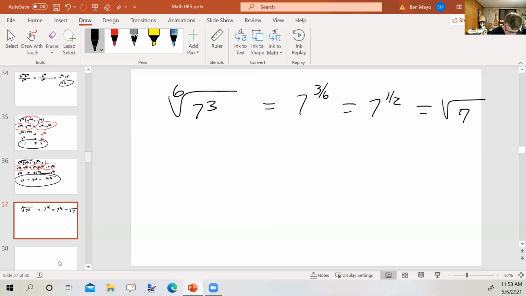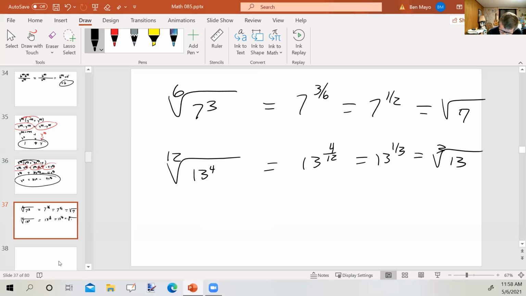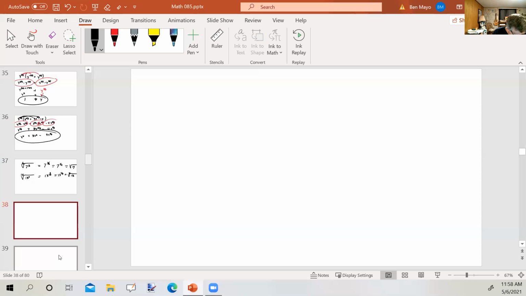And let's see here. The 12th root of 13 to the 4th power becomes 13 to the 4/12 power, which is 13 to the 1/3 power, which is the cube root of 13. Okay. And let's see here. How about this one?